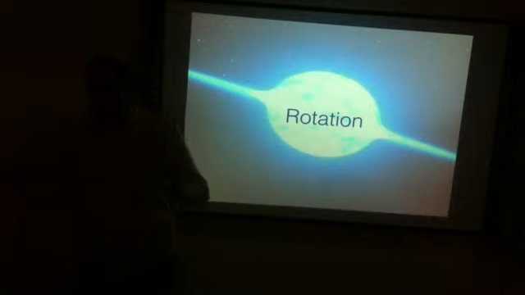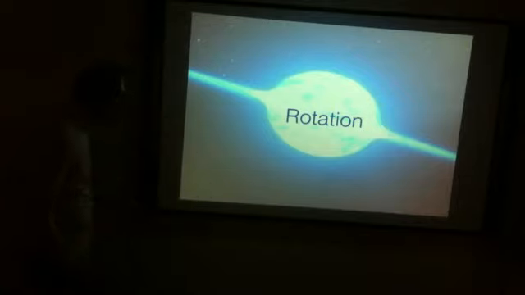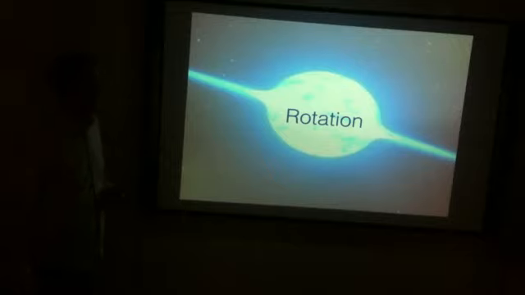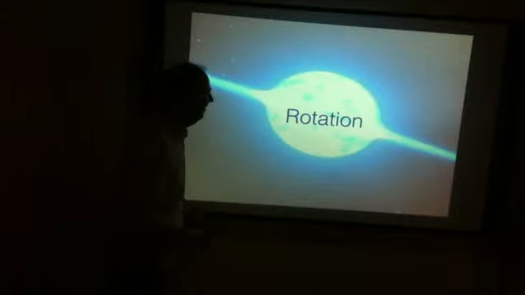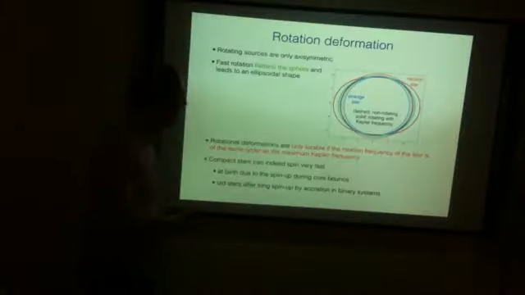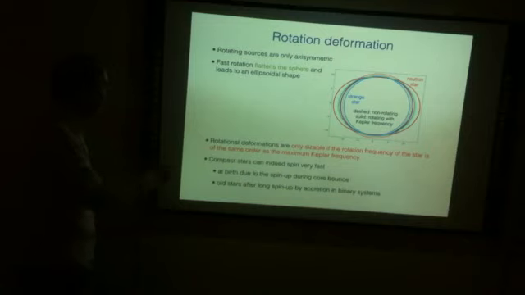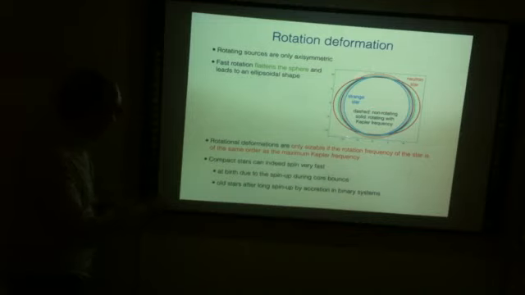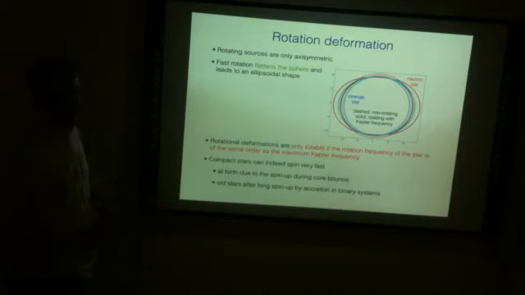Now in reality, it's a bit more complicated because most of the neutron stars we see actually rotate, and they rotate pretty fast. Some of them rotate really as fast as they can, and if the star rotates very fast, what happens is that this otherwise spherical star becomes flattened.